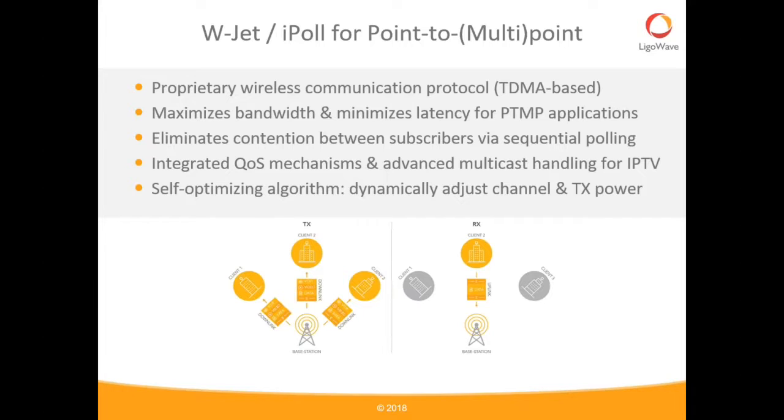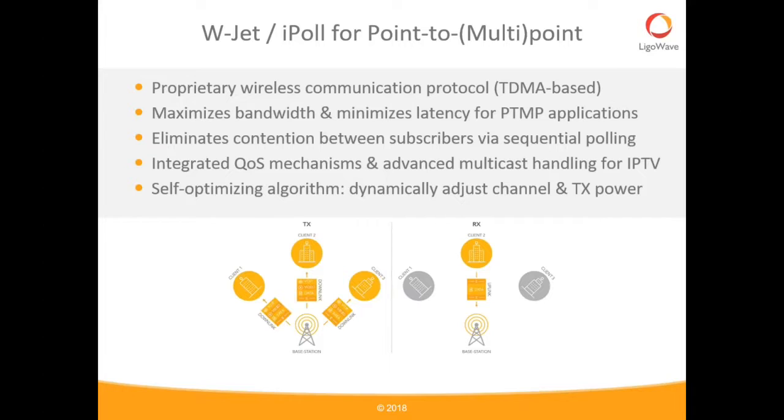and goes around and dynamically adjusts based on client loads. So if different clients have different loads, it will allocate more time to the clients that have more loads versus others, and so it eliminates all of that contention and so forth, and it allows the subscribers to basically each have their own turn to talk at specific time slots. We have integrated QoS mechanisms and advanced multicast handling, and this allows us to nicely handle video and voice streams.